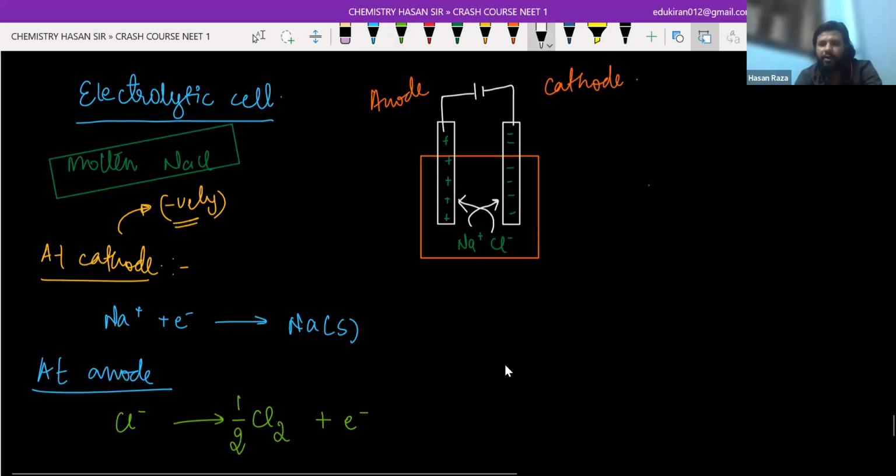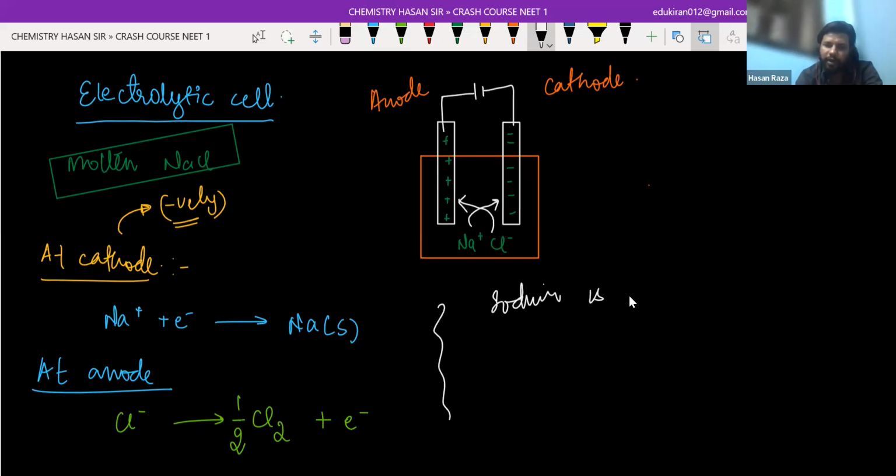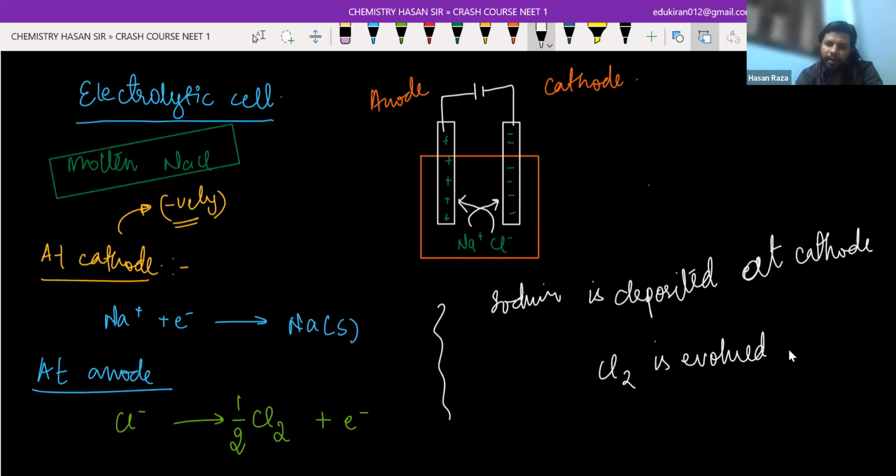So you can easily write the products: sodium is deposited at cathode, and Cl2 is evolved at anode. This is basically the product of electrolysis here.